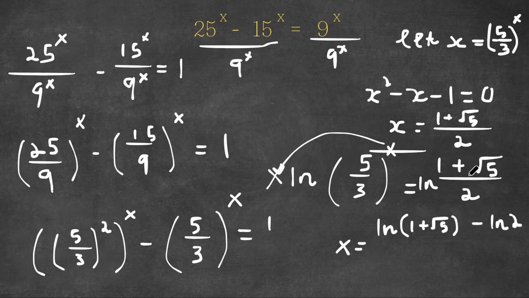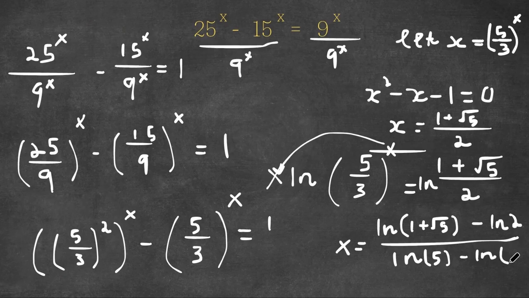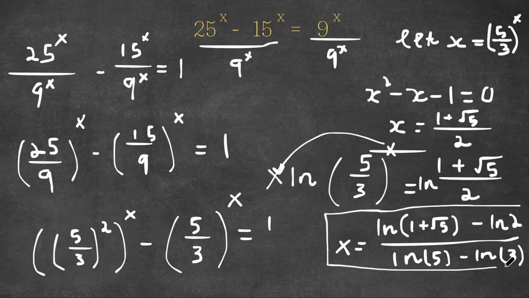So this is the same thing as this. And now this is going to be over the same thing for this: ln 5 minus ln 3. So this is our answer.